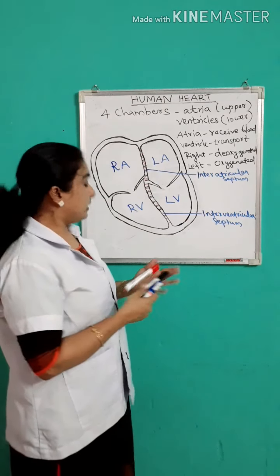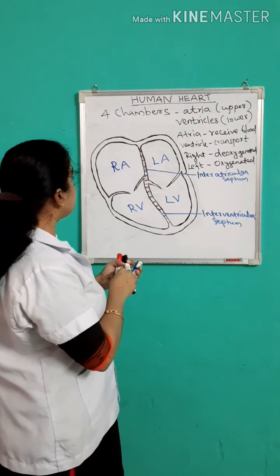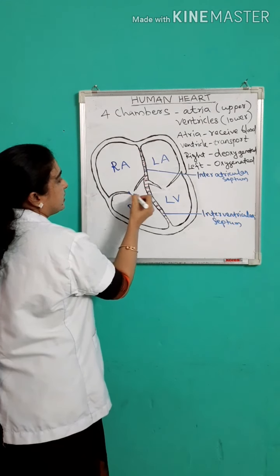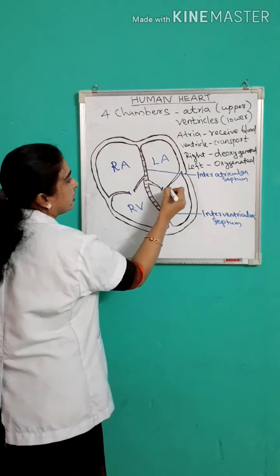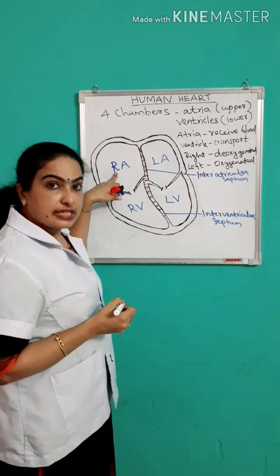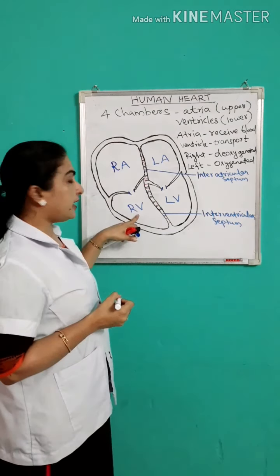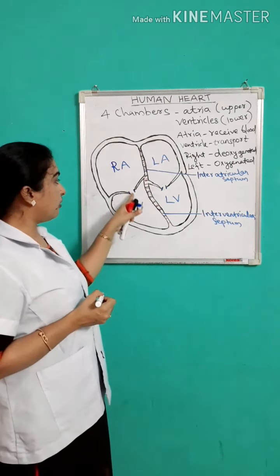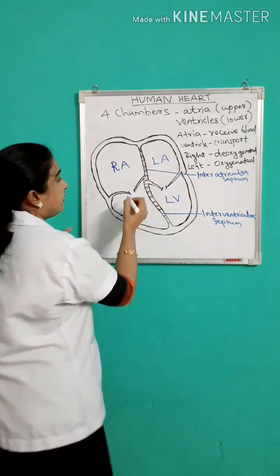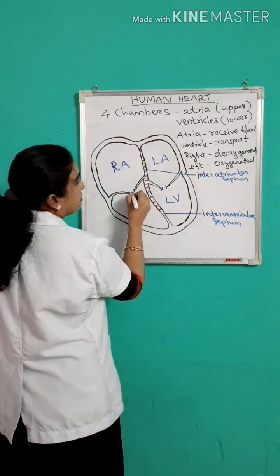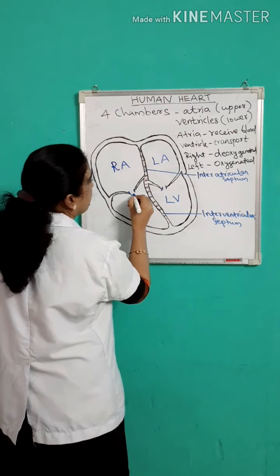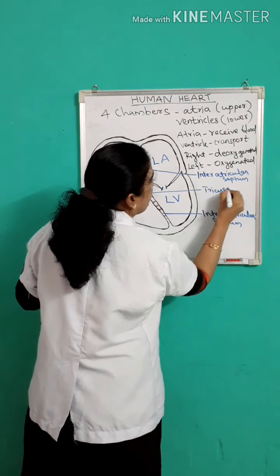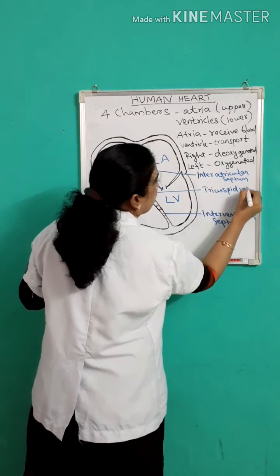And now we can see the next point, that is, there is a valve. You can see a valve over here and here also. The right atrium is separated from the right ventricle by a valve, and this valve is known as the tricuspid valve.